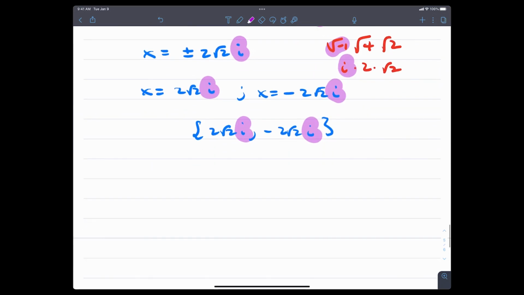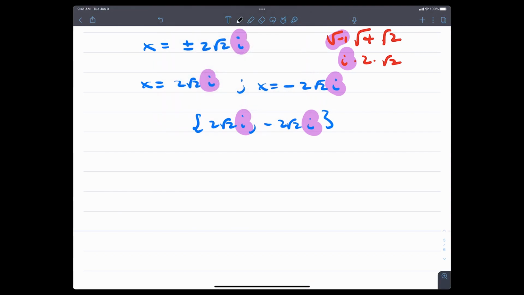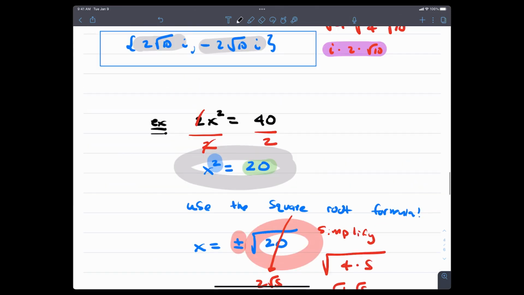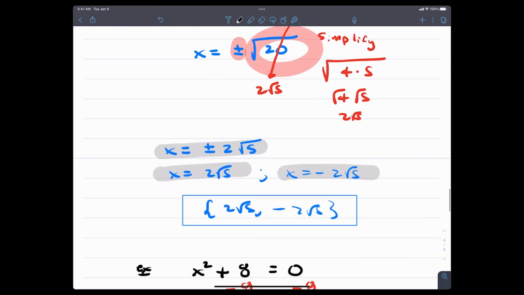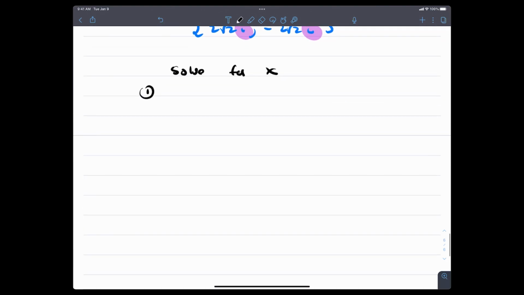So you're learning, what's the lesson for today? Square root formula, okay? Solve for x. We already did 6, right? So I'm going to call this 7: x squared minus 1 is 0. Then x squared plus 1 is 0.